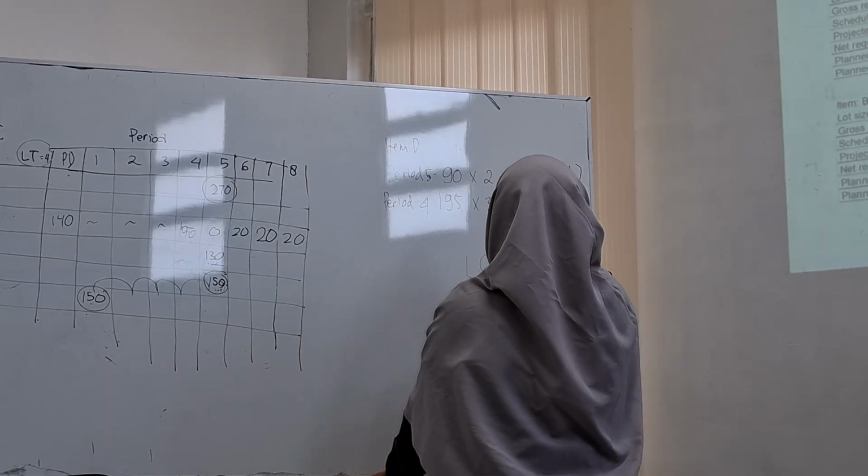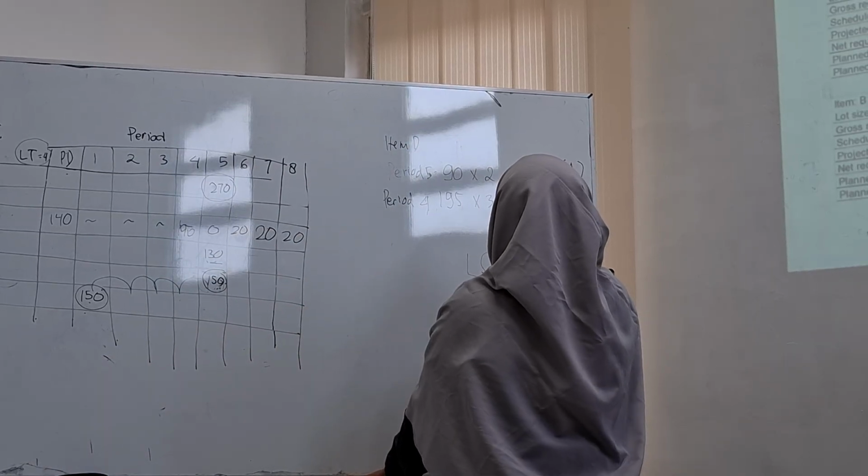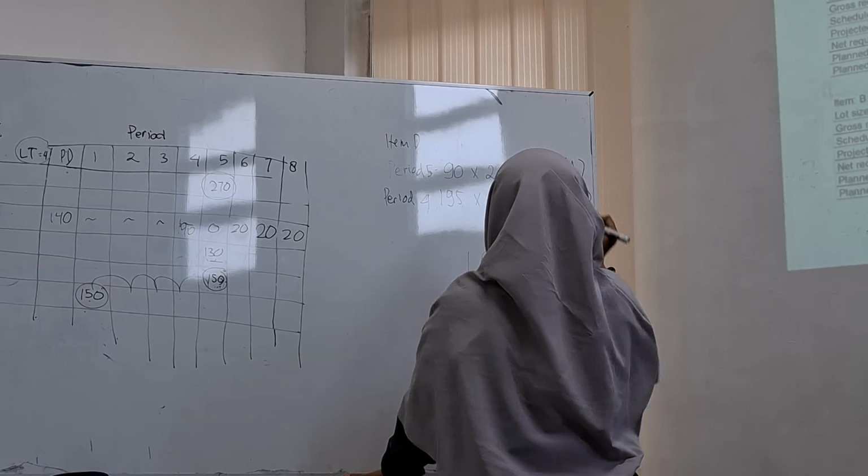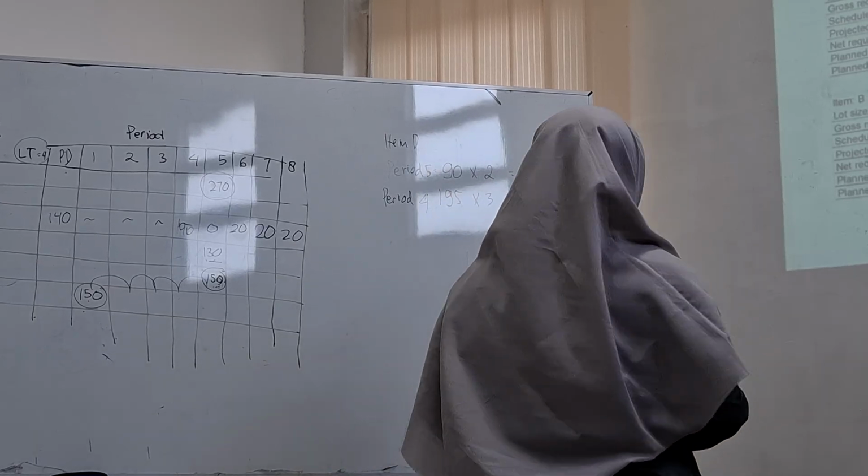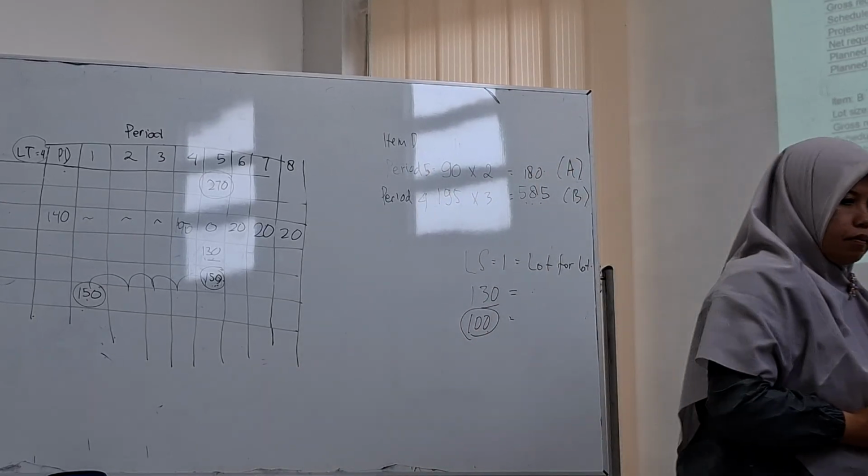Period 4, how much? 585. Is this one right?